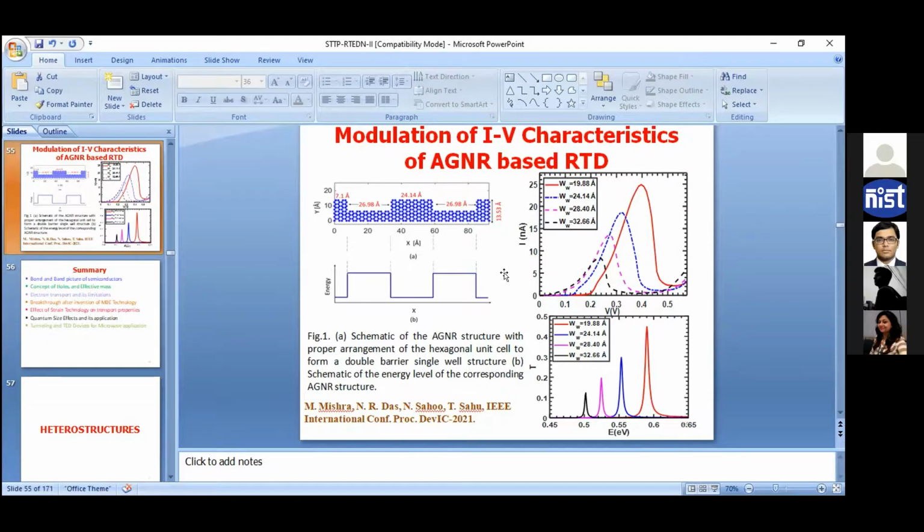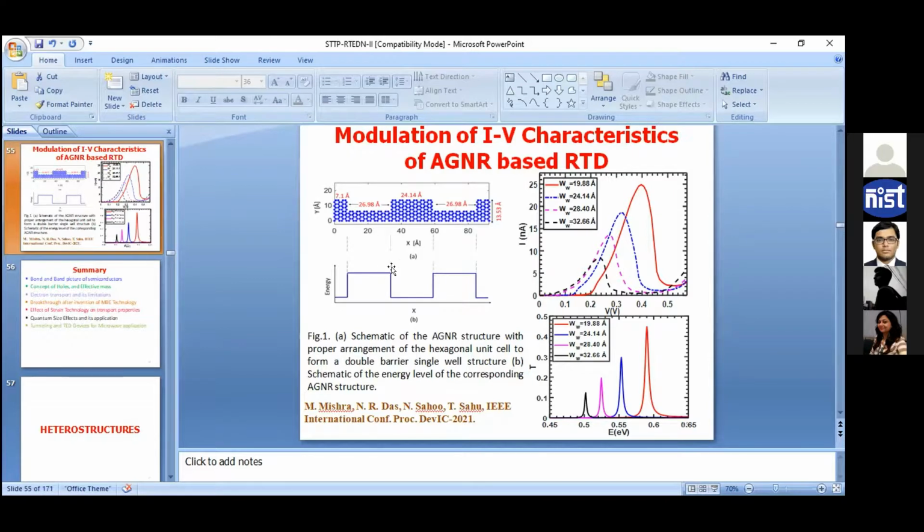Type 1, type 2, or type 3? It totally depends upon the band height, or how you have designed this graphene structure. For example, here we have made this height around 290 meV.